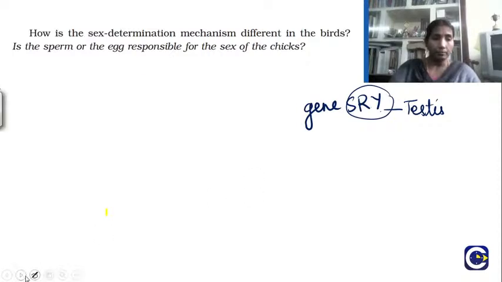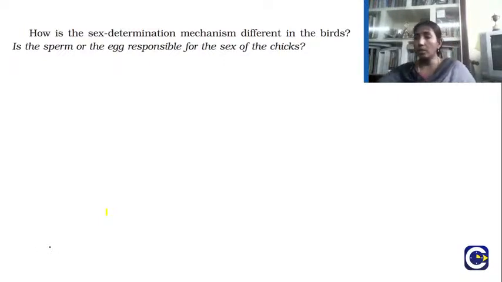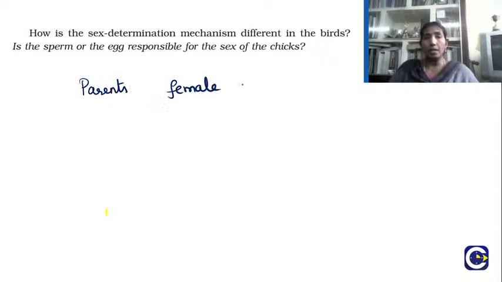Okay. Now we will look into this question. The question asked is how is the sex determination mechanism different in birds? Yes, they are different in birds. Now we will see the parents. Here we have the female, we have the male. So we will take the chromosomes. They are AA plus ZW.